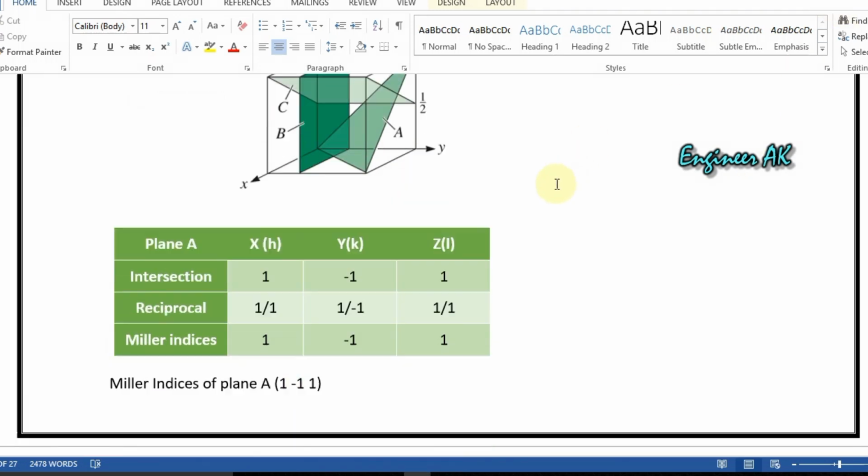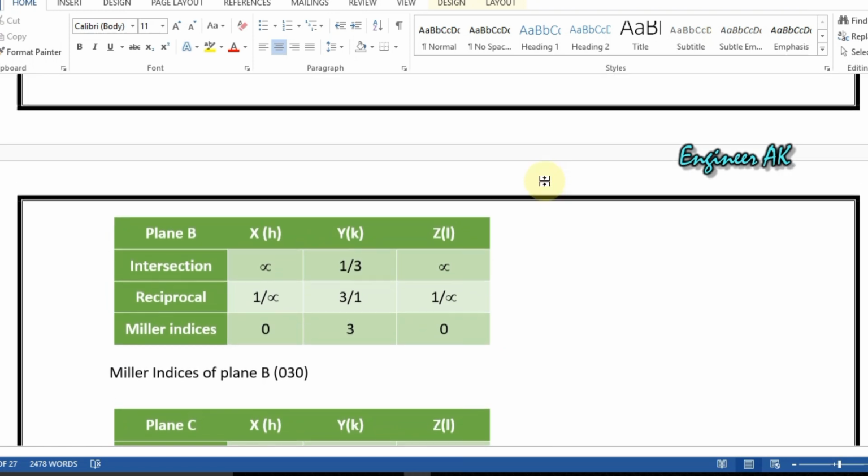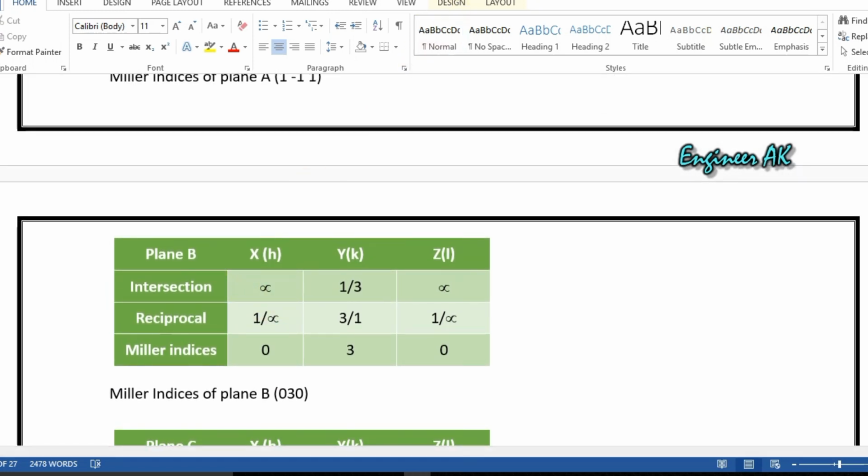So let's move toward its table. We have seen that at the x-axis and z-axis we had infinity, and at the y-axis we had 1/3, right? This is given in that diagram.